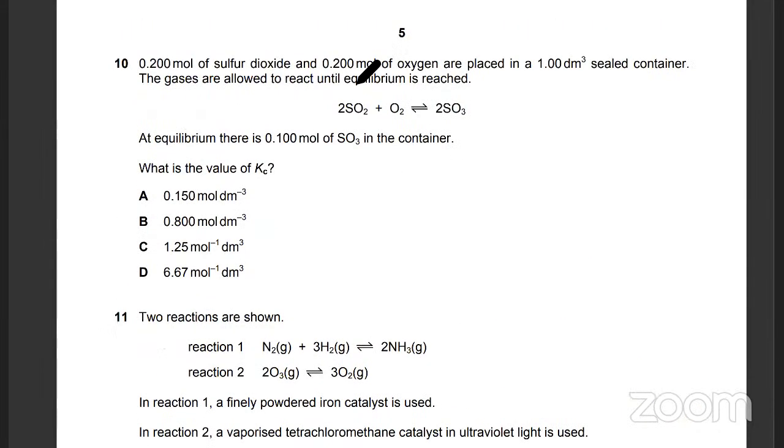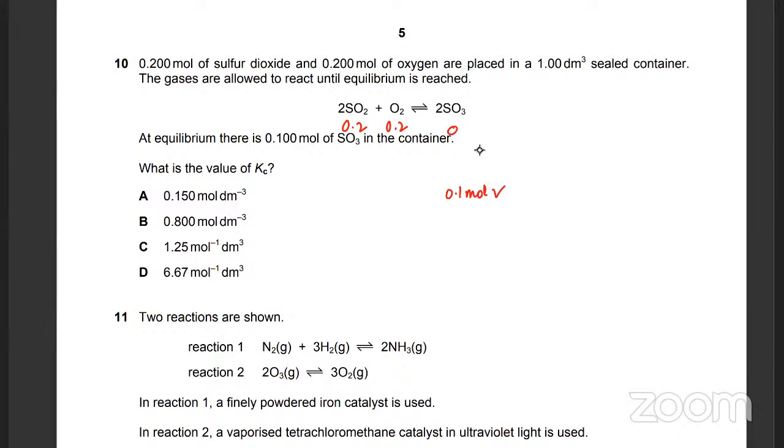Next one: you've got 0.2 moles of sulfur dioxide, 0.2 moles of oxygen, and no sulfur trioxide. At equilibrium, there is 0.1 moles of SO3. So 0.1 mole got produced.